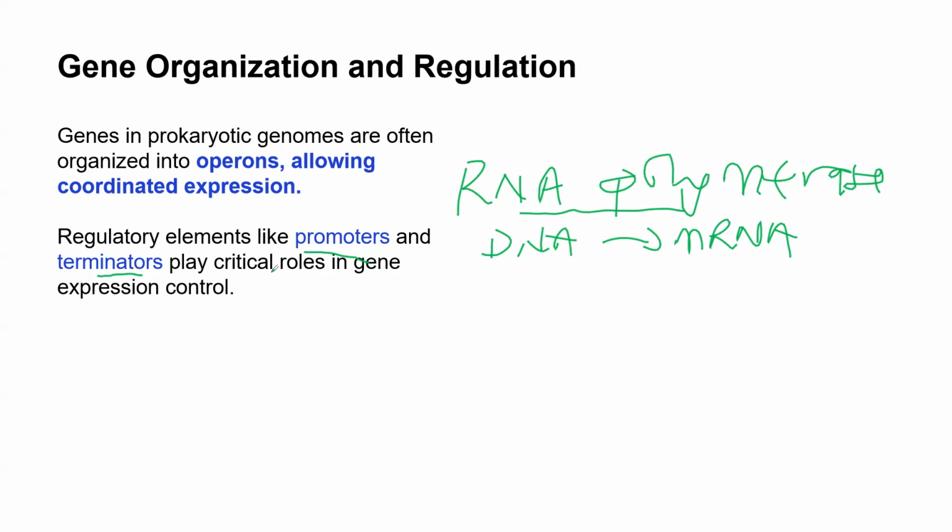These two regulatory elements are very important and play a critical role in gene expression control, because it is with these two regulatory elements that your DNA transcription will be initiated and will be stopped.